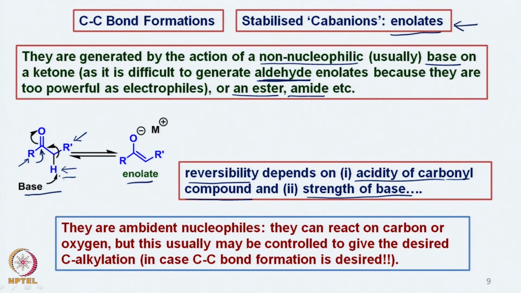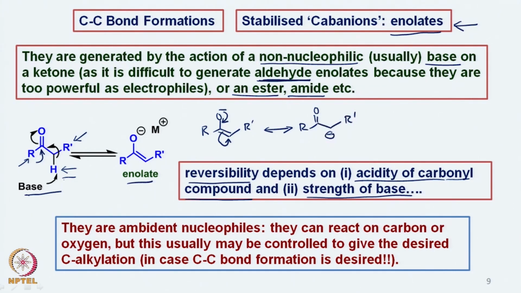Now this is how a ketone is converted to an enolate, and one can see that we can write the enolate as a resonance structure in this fashion, where the negative charge moves onto the carbon alpha to the carbonyl group.